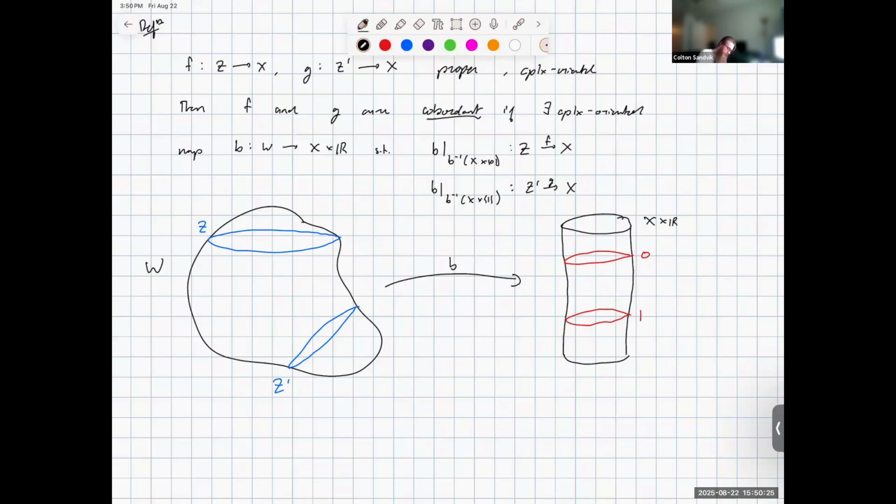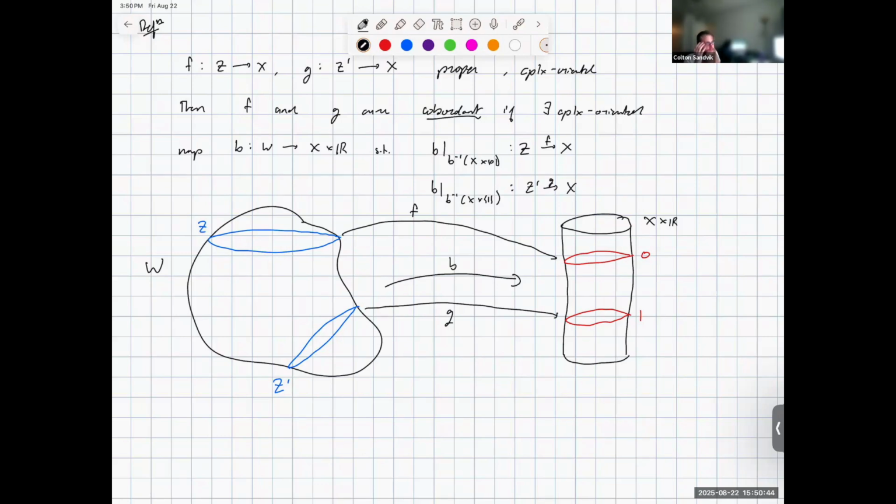When we look at just this piece mapping in, this is F and this is G. So we have a parameterization of manifolds that takes you from F to G through a smooth manifold itself.